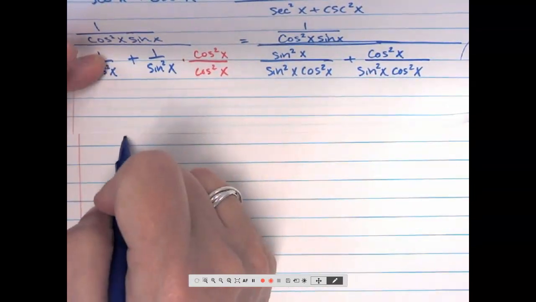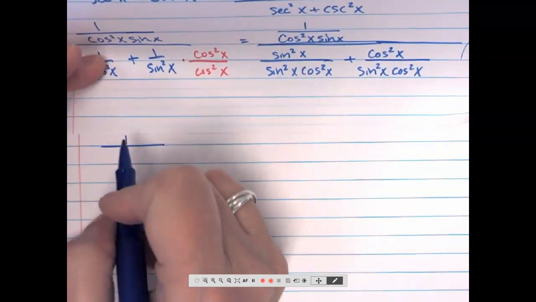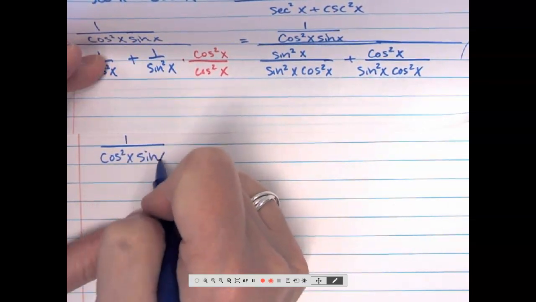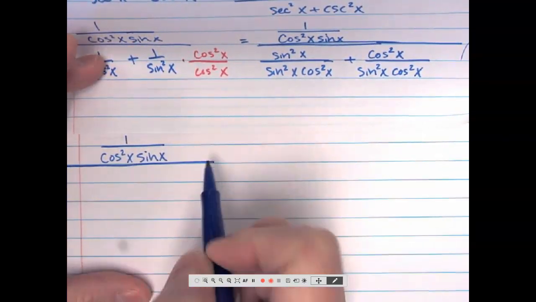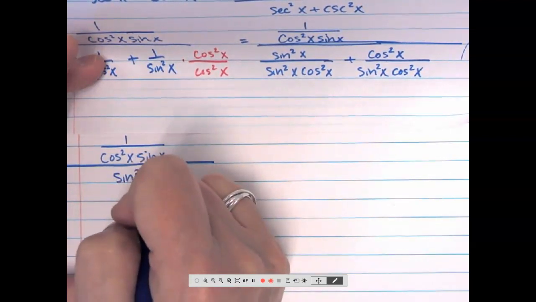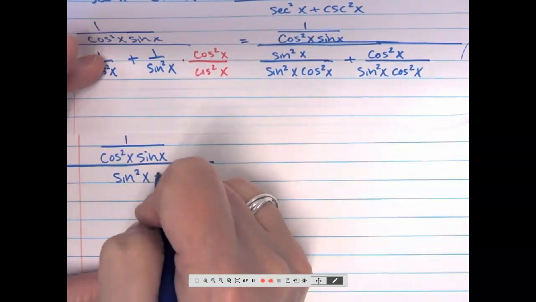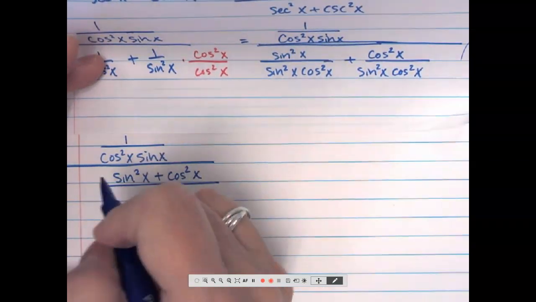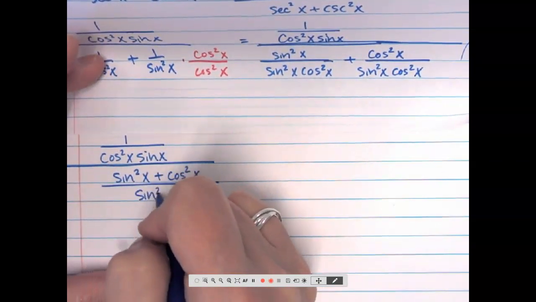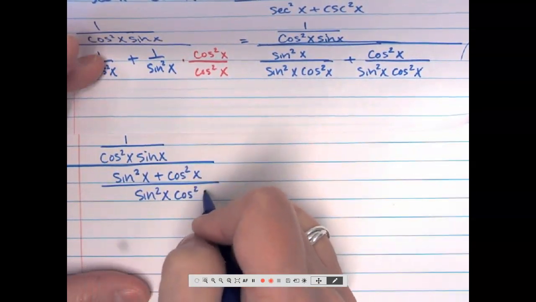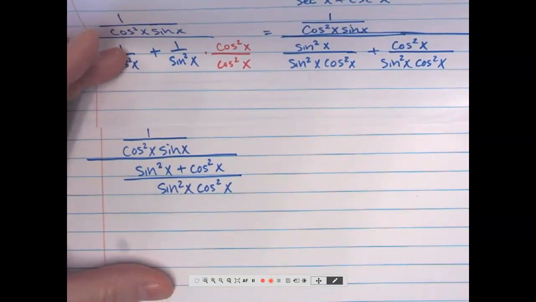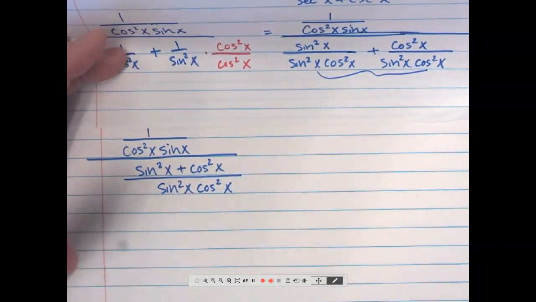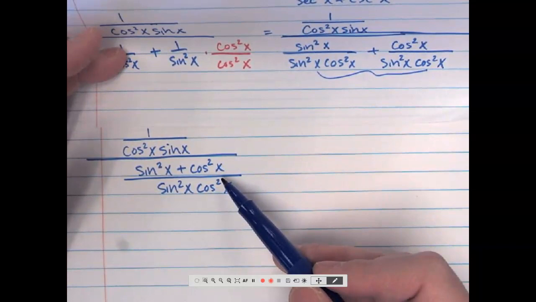I will still have my 1 over cosine squared sine over sine squared plus cosine squared over sine squared cosine squared. Okay, so all I did there is combine those two fractions into this one.